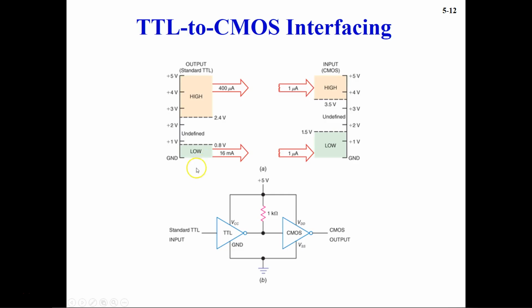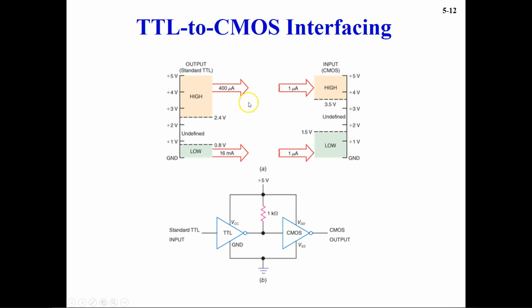You can see the output voltage level is from 0 to 0.8 and then from 2.4 to 5 volts, whereas for CMOS it is from ground 0 to 1.5, and then the higher side is from 3.5 to 5 volts.